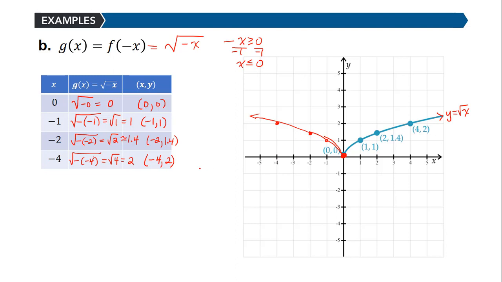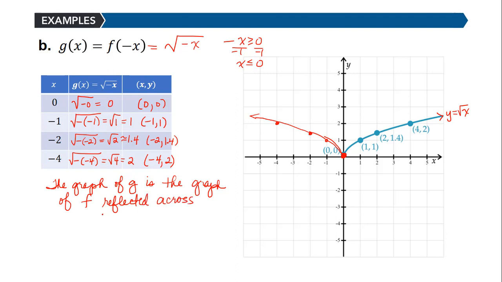And so we say that the graph of g is the graph of f reflected across the y-axis. And so again, the way I think about it is, in this particular transformation, I'm taking the opposite of x.